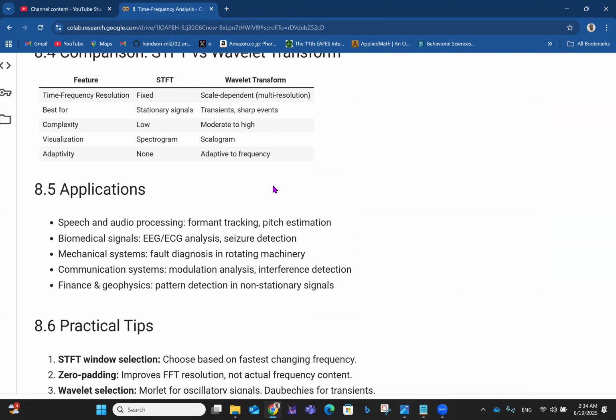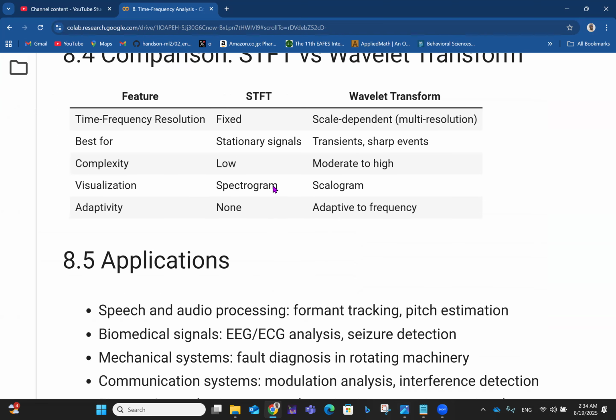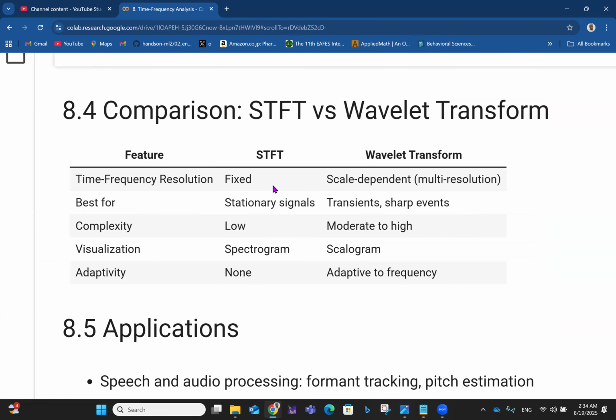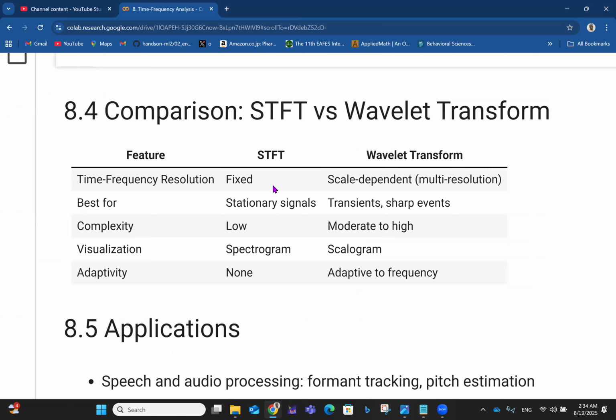So here we can then talk about comparison, right, of STFT versus wavelet transform. For time frequency analysis, we use STFT, that's short-time Fourier transform, or wavelet transform. Talking about time frequency resolution, STFT is fixed while wavelet transform is scale dependent and good for multi-resolution. STFT is best for stationary signals, while wavelet transform is best for transient and sharp events.